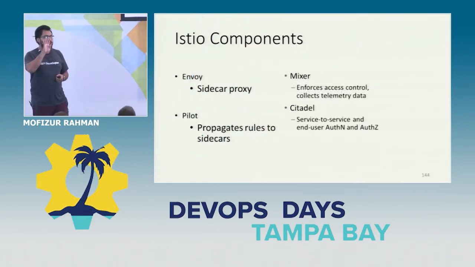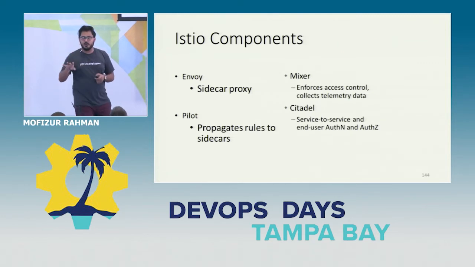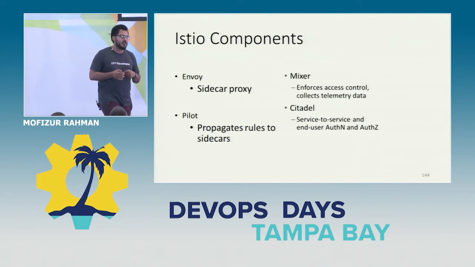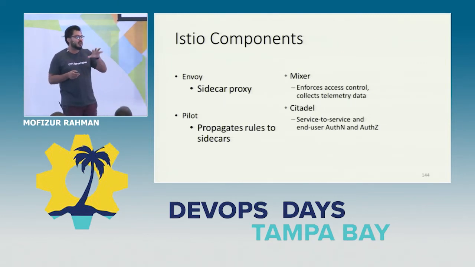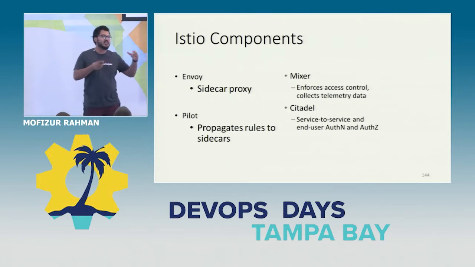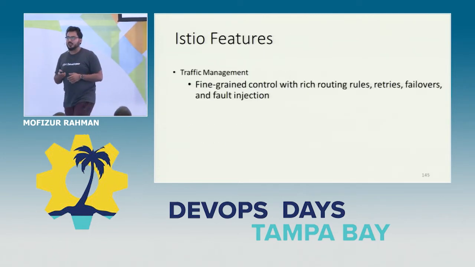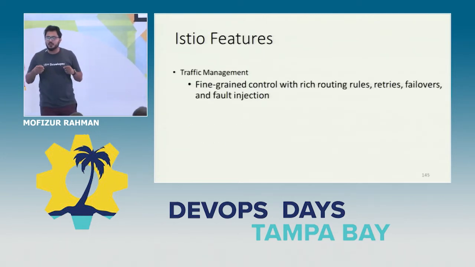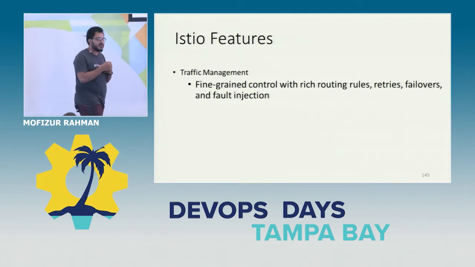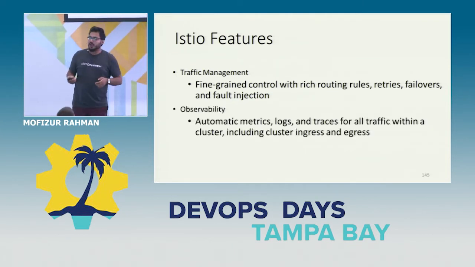So Istio comes with 4 major components. You have Envoy Proxy, you have Mixer, you have Pilot, you have Citadel. Envoy is the project that initially started at Lyft. It's the sidecar proxy that does a lot of the thing Istio can do. So let's look at Istio features, right? Traffic management, it gives you rich routing rules, retries, failovers, and fault injection.